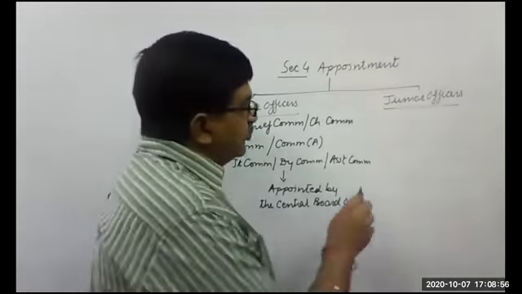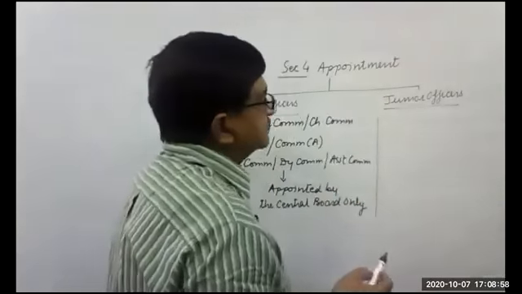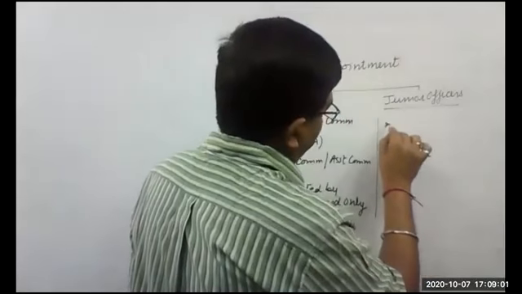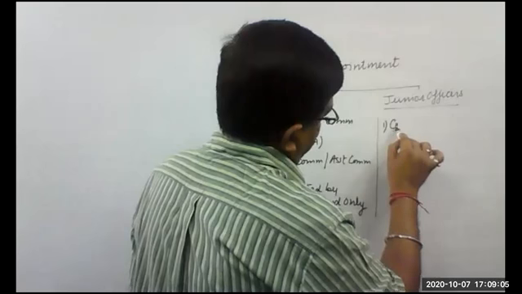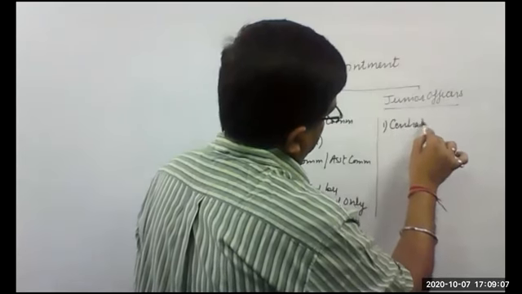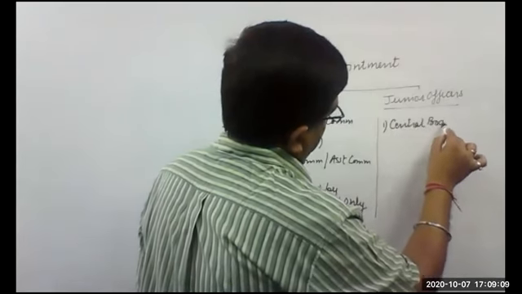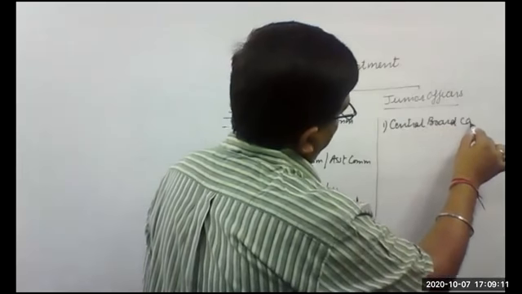Okay. As far as junior officers are concerned, there are two ways. Number one, the central board can appoint.